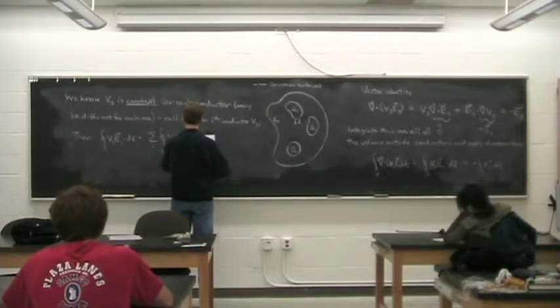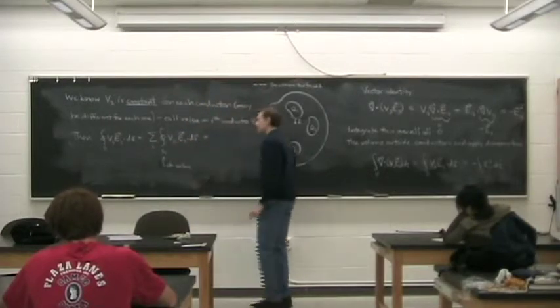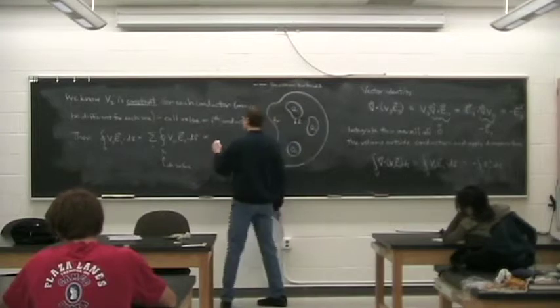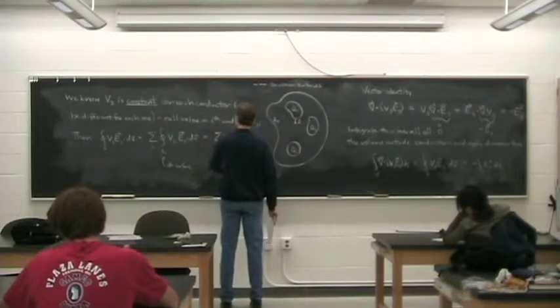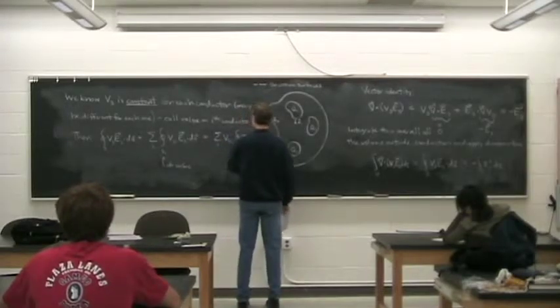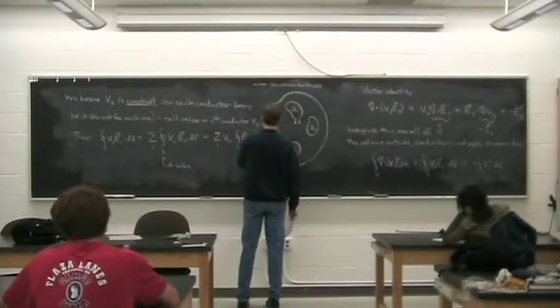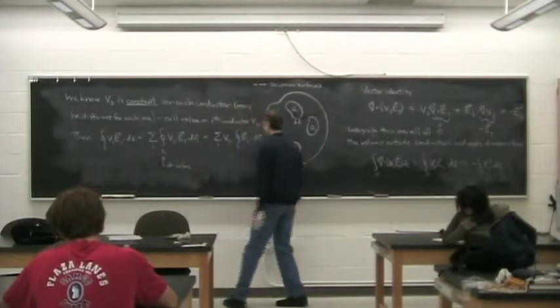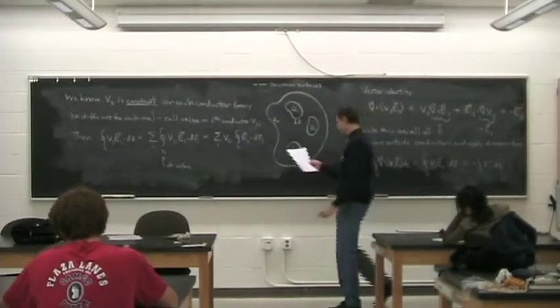Since V3I is a constant, it can be pulled out of the integral. So we get the sum over I of V3I times the flux of E3 through each surface.